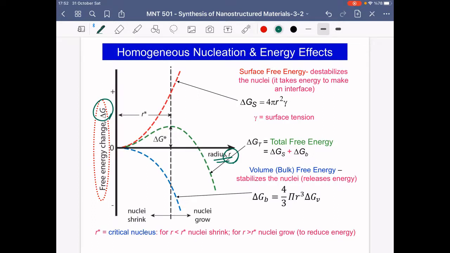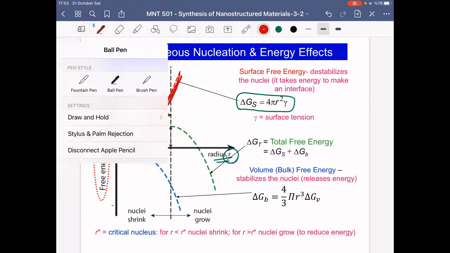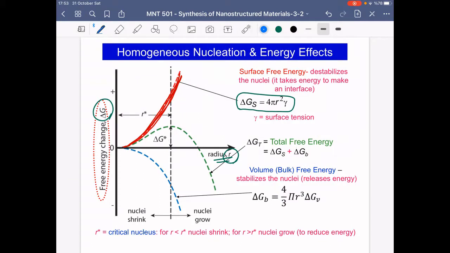And as you can see, surface free energy delta GS is expressed with 4 pi r squared because it's a matter of surface times surface tension. It is always positive, okay? The red line here is always positive. And my bulk term, blue, is what I want.